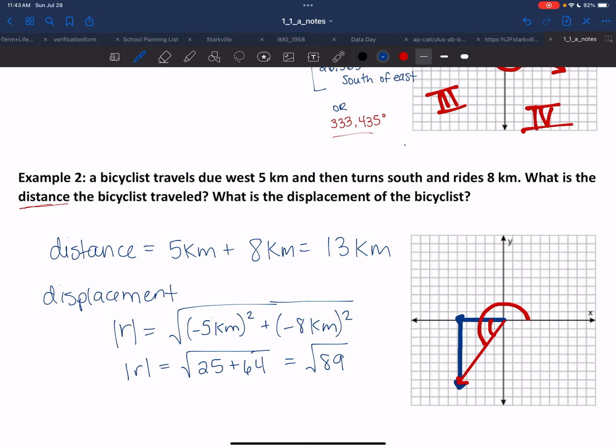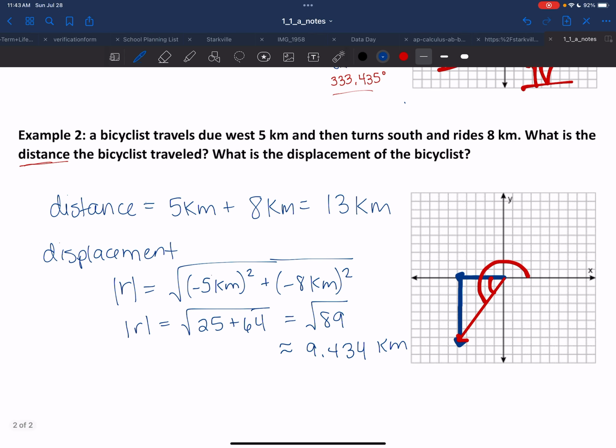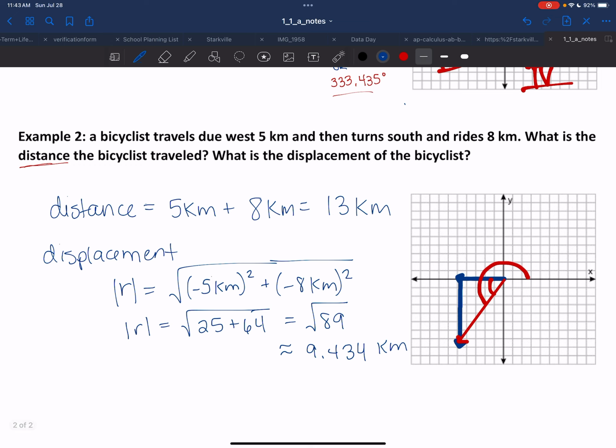So the square root of 89 is going to be approximately 9.434, and that's going to be kilometers. It should be larger than your longest edge, right? So just typical geometry. So that 8 kilometers, it should be larger than that. It should not be larger than the addition of both sides. So we're underneath that 13 kilometers. We're in good shape.